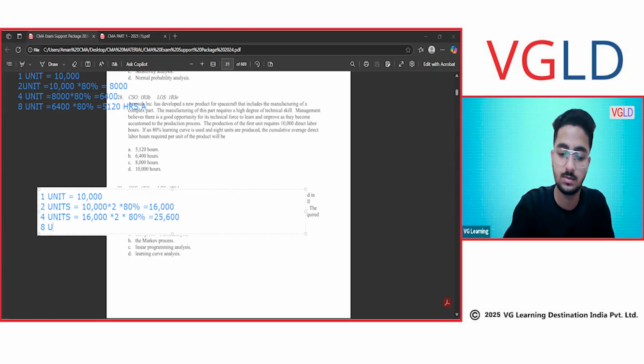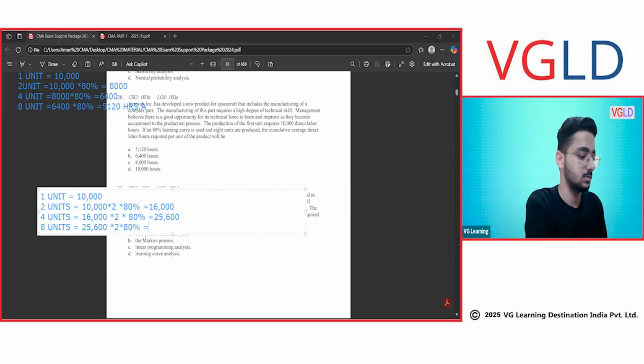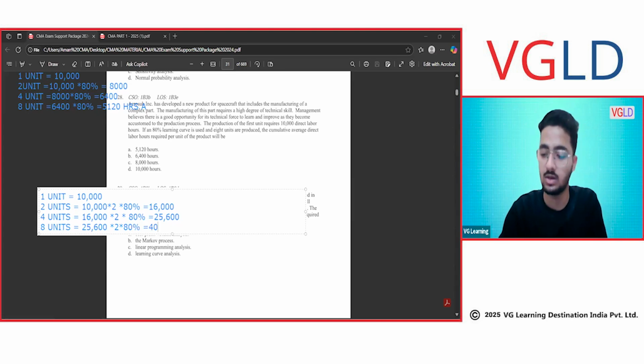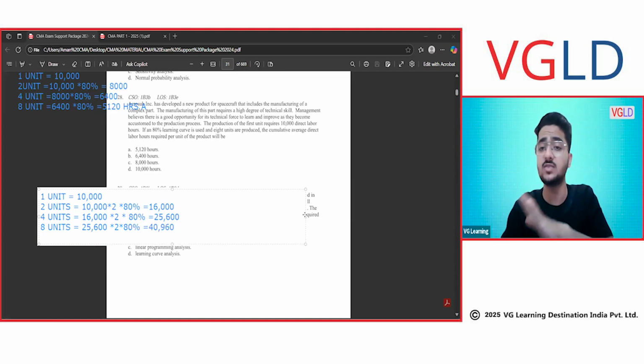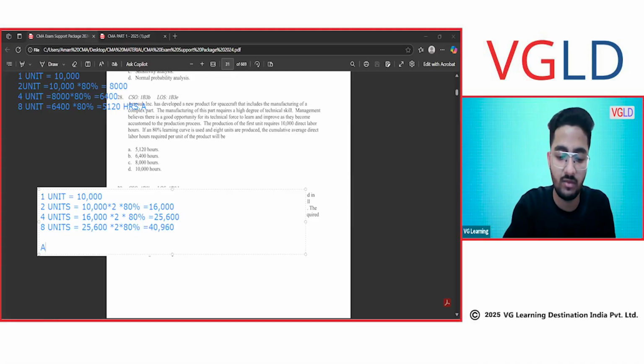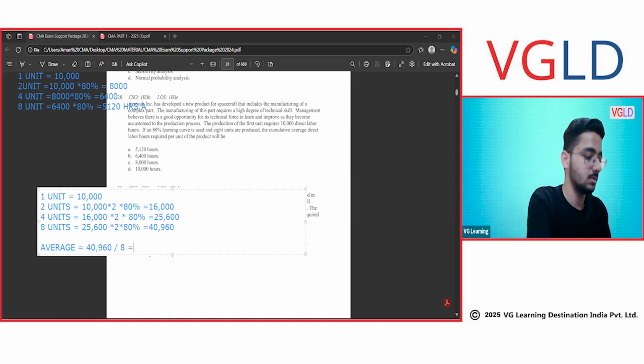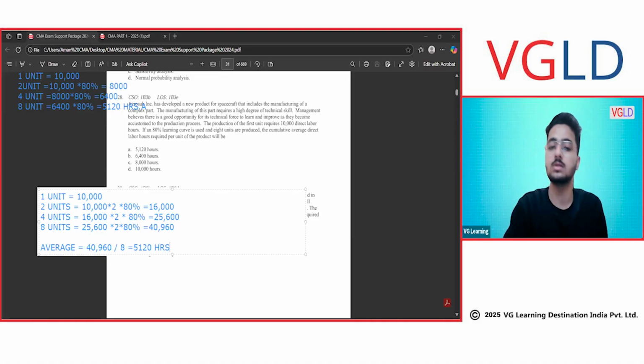Then 8 units: 25,600 multiplied by 2 multiplied by 80%, that is 40,960. Now they are asking for the average for 8 units. So average equals 40,960 divided by 8, which is 5,120 hours. Is it correct, everyone? Got it? Yes or no? Just give a thumbs up quick.